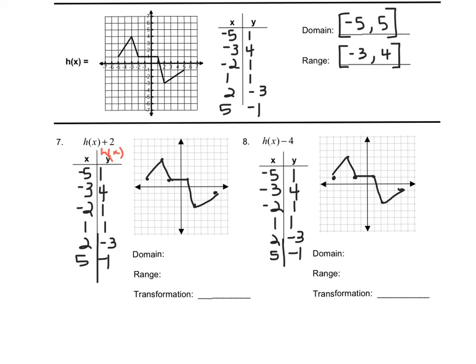So I'm going to add 2 to each of these, and plot my new graph. And what you see is all that happened to this parent function that's in black. Every point was shifted up 2. This point up 2. Even this point right in here, up 2.